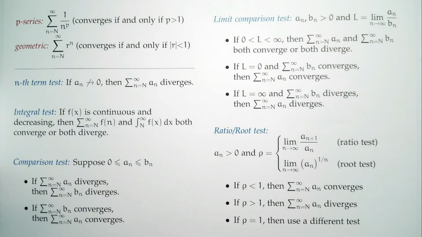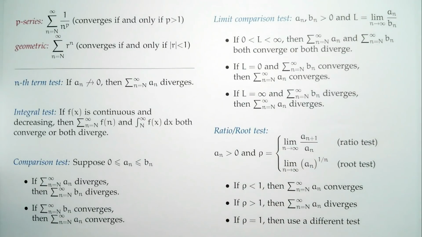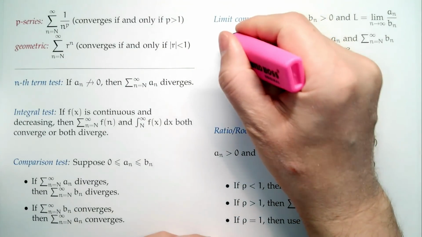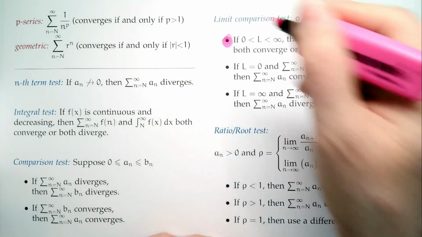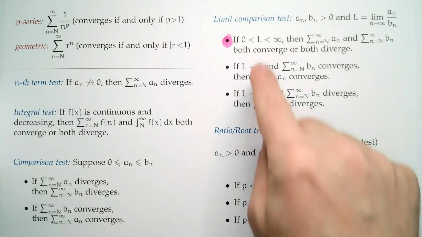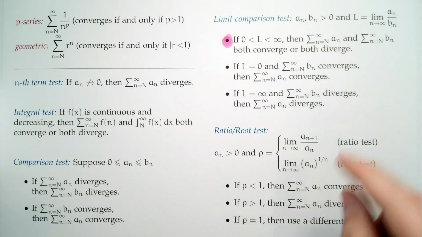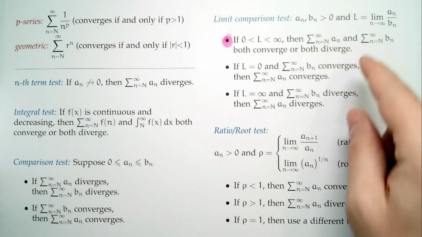And what we're trying to say is, if this limit exists, and in particular, it will almost always be in our first bullet point, and it's less than infinity, L is some number between 0 and infinity, not 0, then you can tie the two of these together.